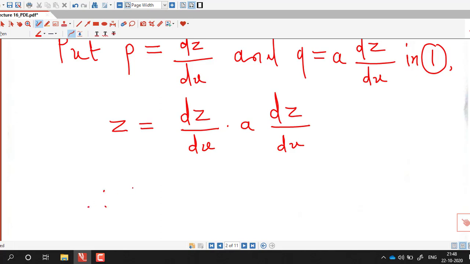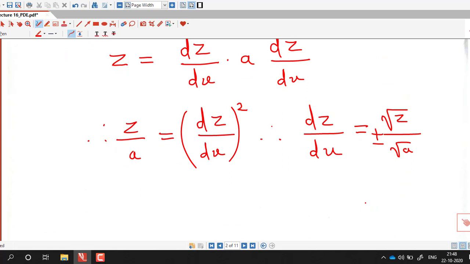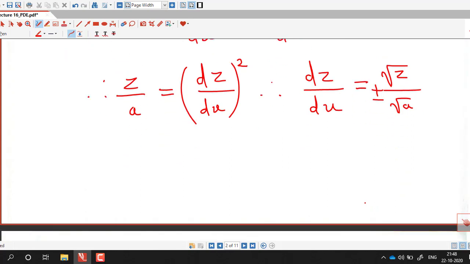And if I take this constant a on the left hand side, I will have square of dz by du equal to z divided by a. And from this, if I take square root on both sides, I will have square root of z divided by square root of a. We can write plus or minus to include both the possibilities. Now here this is an ordinary differential equation in z and u, so we can separate it out.